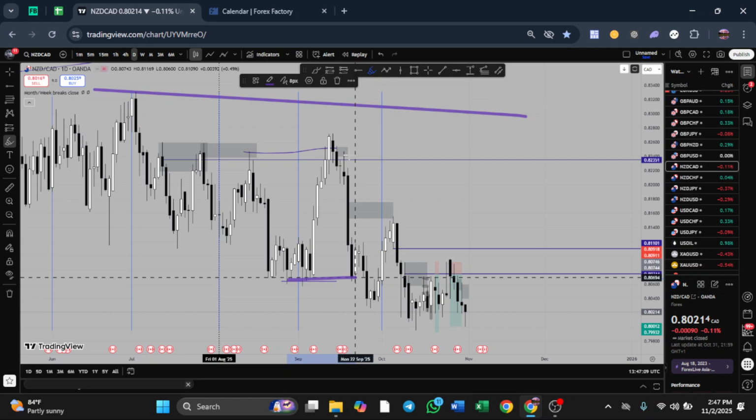So this low must be taken. But now we might have this push, then they continue again. But that's by the way. I hope you know the reason why it grabbed this liquidity is because this is external of this range, while this is internal of this range.